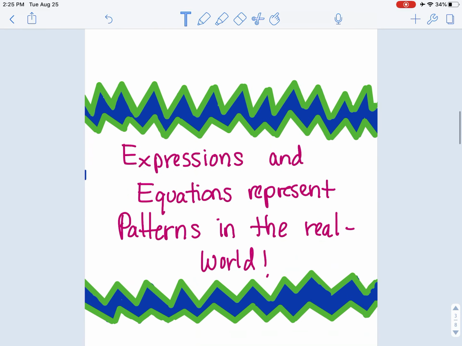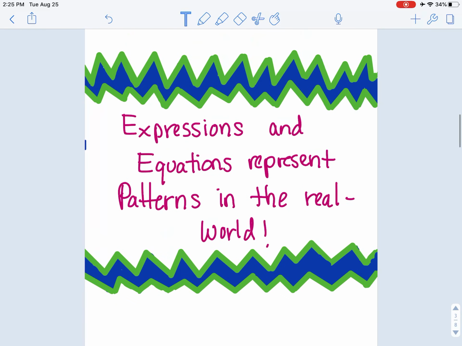Our main focus on today's activity is that expressions and equations represent patterns in the real world. This is why we use expressions and equations. They're not just some numbers that your teachers like to torture you with that have no meaning. No, they happen naturally in the real world, and patterns happen in the real world.